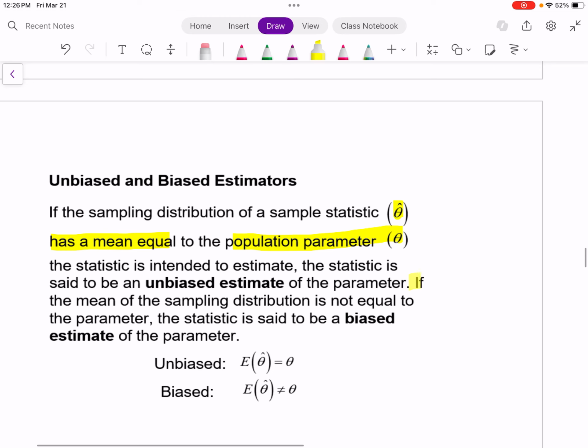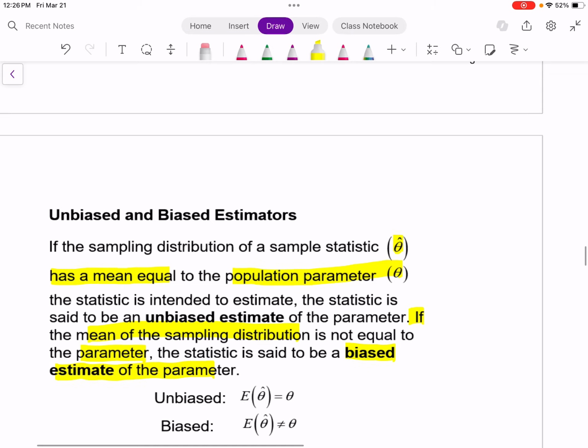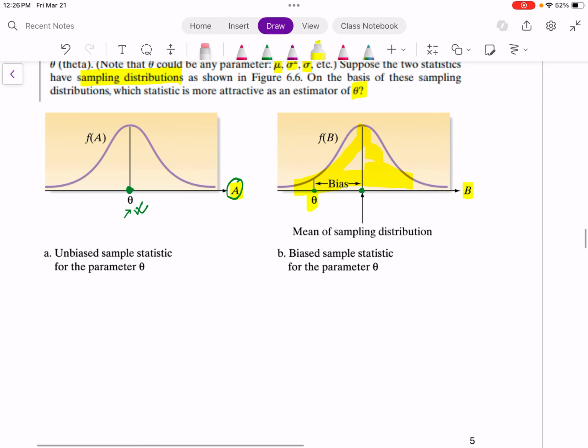Now, if the mean of a sampling distribution is not equal to the parameter, the statistic is said to be a biased estimator of the parameter. Like in the second example, this point is the mean of the sampling distribution, but our parameter is somewhere on the left of the mean.